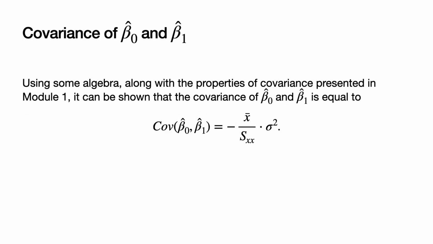Using some algebra, along with the properties of covariance that we looked at back in Module 1, it can be shown that the covariance of beta 0 hat and beta 1 hat is given by the following expression. So the negative of x bar divided by s sub xx times sigma squared. Now, be careful and make sure that you don't miss that negative sign in the front.